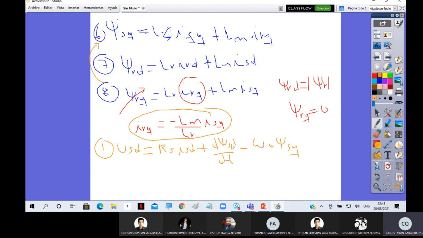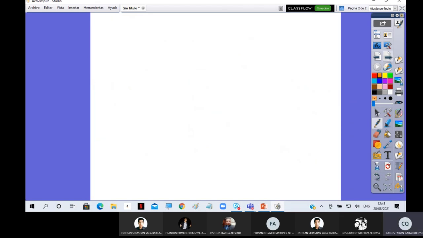So substituting equation A into equation 6, I will get the stator flux on Q-axis equal to the stator inductance times the stator current on Q-axis, minus the magnetizing inductance squared over the rotor inductance times the stator current on Q-axis.